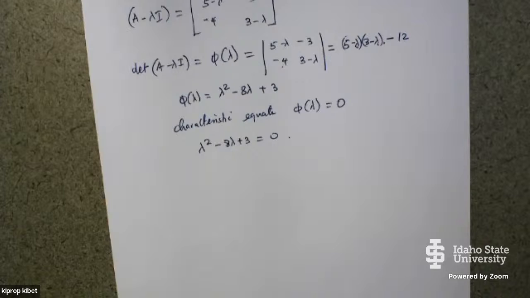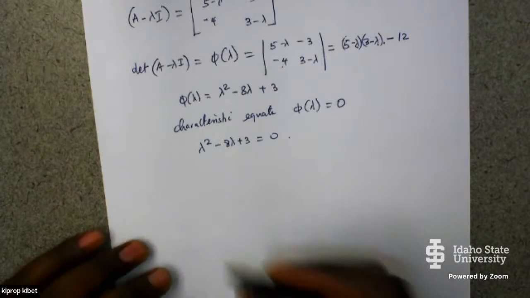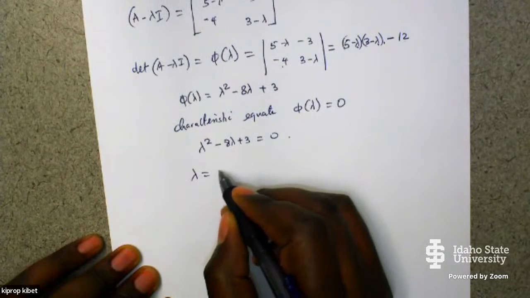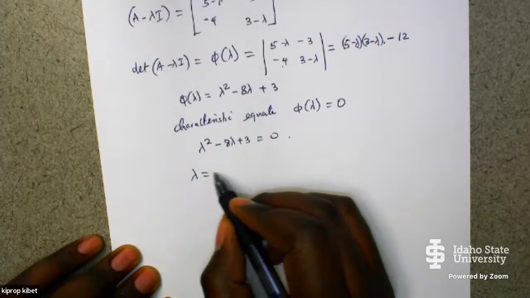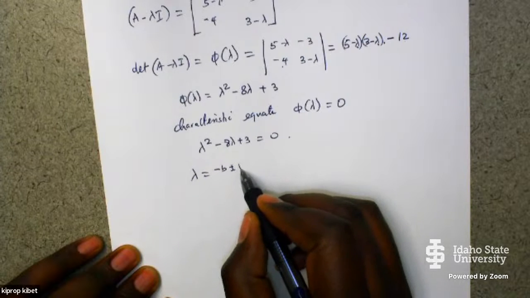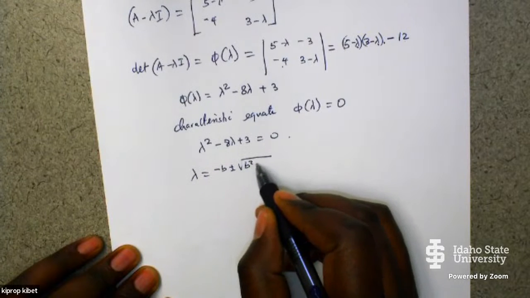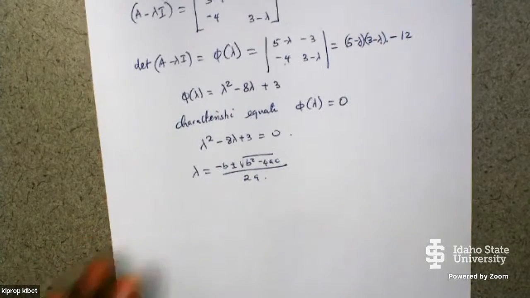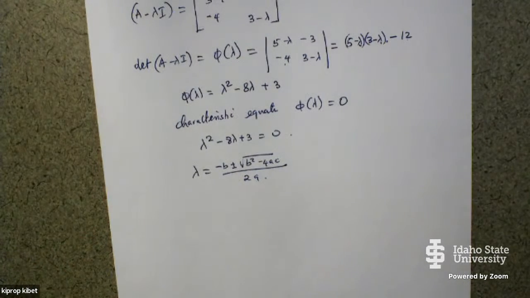The easiest method is to use the quadratic formula. If you still remember the quadratic formula, lambda equals minus b plus or minus the square root of b square minus 4ac, divided by 2a.